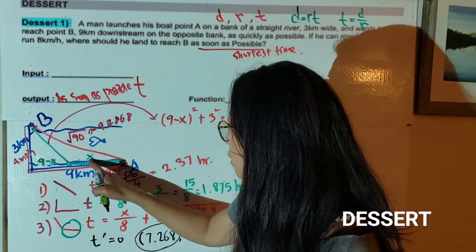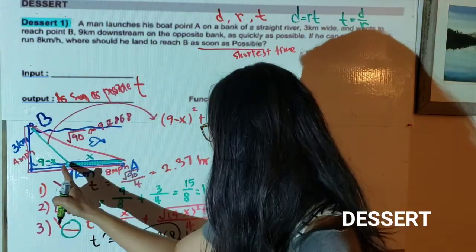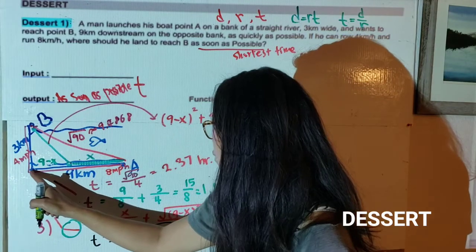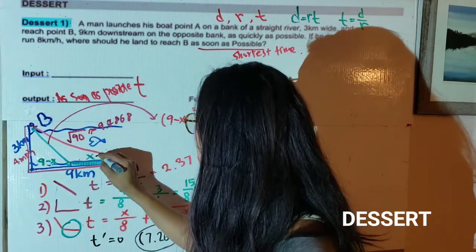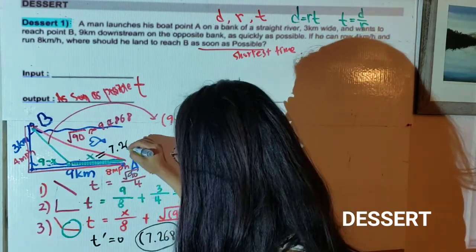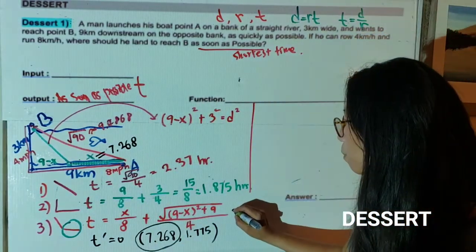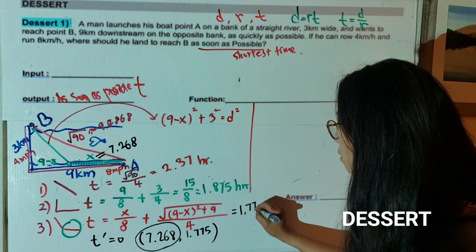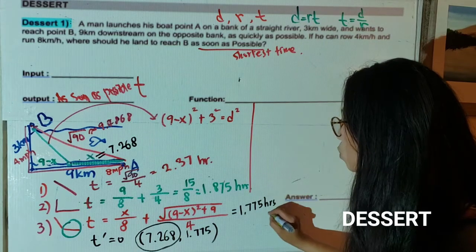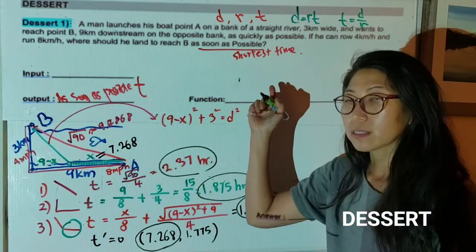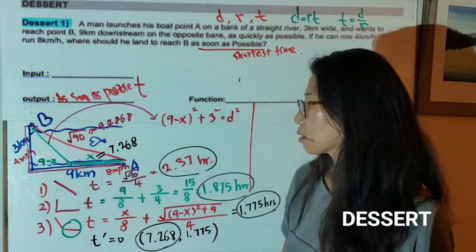That means when you run about 7.268, when you have about 1.732 left, then that will take about 1.775 hours.